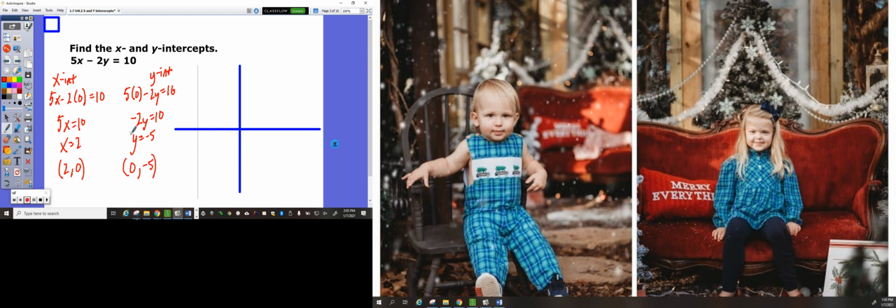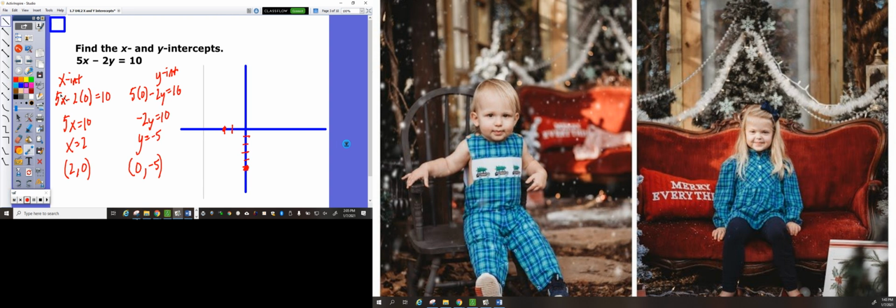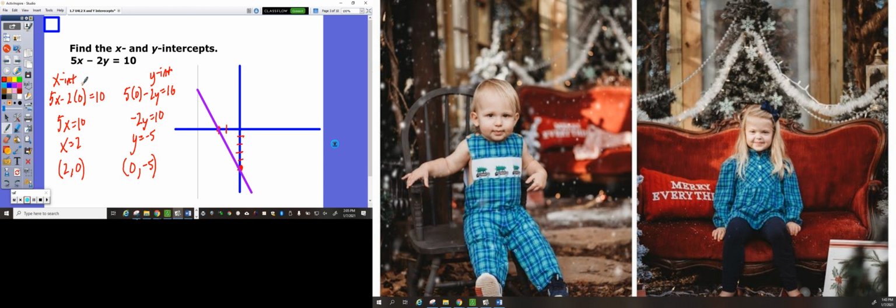So then we graph them. X-intercept, 2, 0. Y-intercept, 0, -5. Sorry. So the variables are always going to be worth 0? So like if I'm looking for x-intercept, y is always going to be worth 0? That's correct.